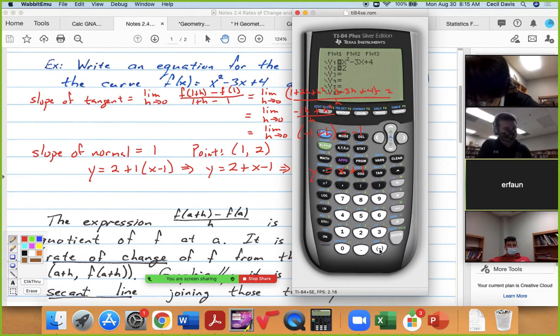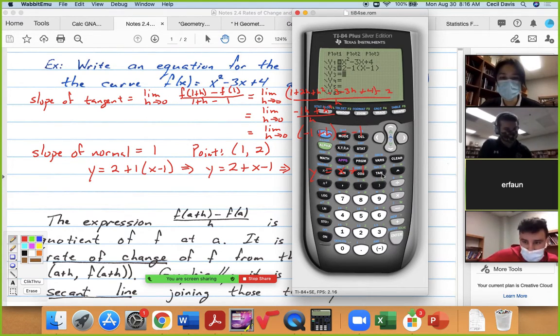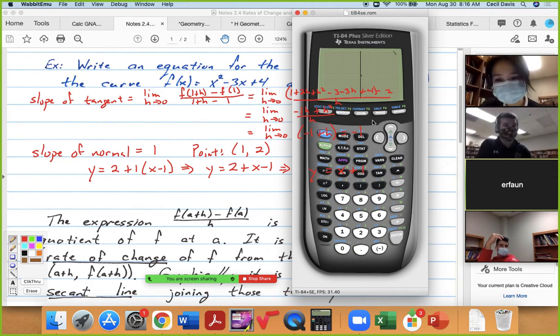So I'll graph y equals 2 minus 1 times x minus 1. And y is equal to x plus 1. Oh, let me go back to a zoom standard. So there's our parabola, there's our tangent line, and there's our normal line.